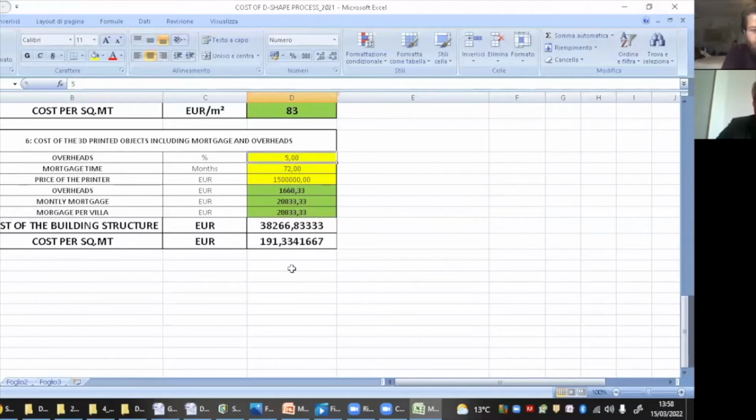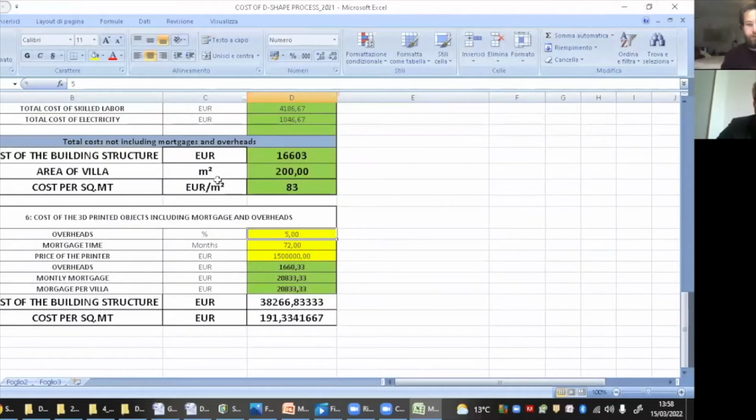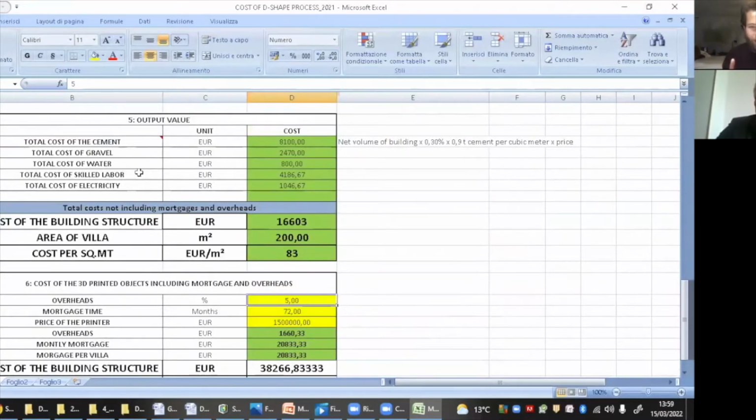So this is all of the concrete, which includes not only the walls but also a lot of the furniture, a lot of the finishing details like balconies and such. No, this is just the cost of the rough structure, just the cement and water. Then, depending on the kind of finishing, you can go low profile or high profile.